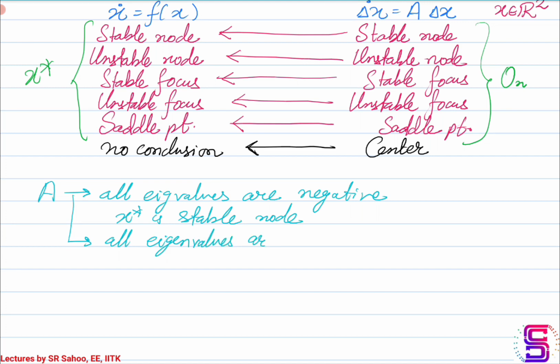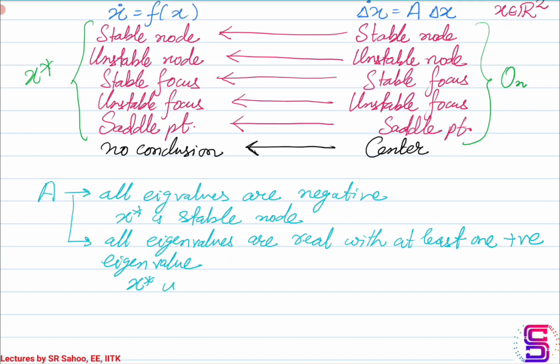All eigenvalues real with at least one positive eigenvalue, then x star is an unstable node.